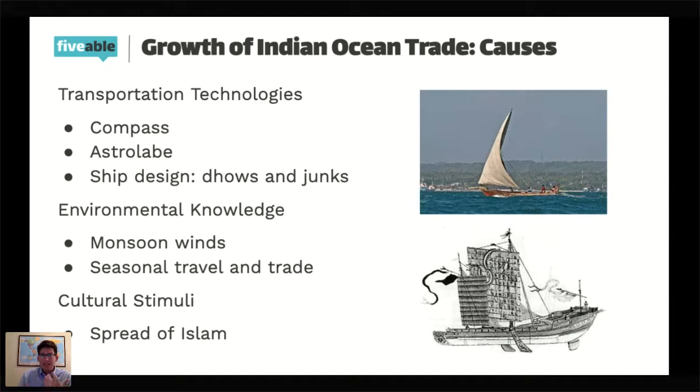It's kind of like a positive feedback loop. People want to trade, they get a taste of some items, they want more. You build bigger ships to ship more goods, more people are available. It creates more demand, so you need more ships. And so ship design was an important technology that develops.